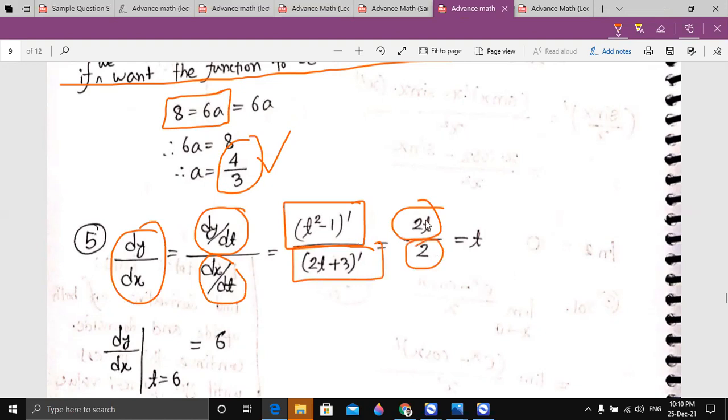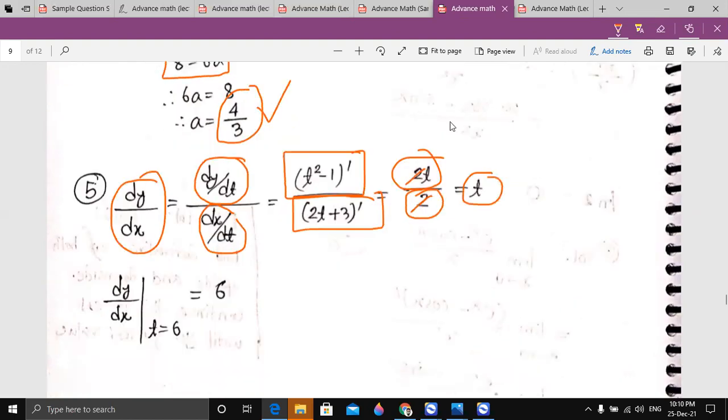So I can cancel 2, and finally we get t. So dy by dx is t.